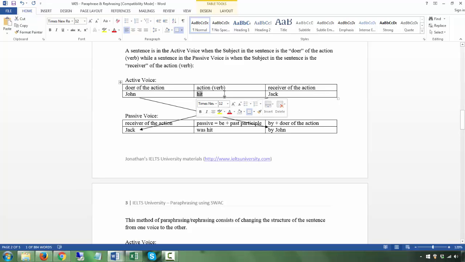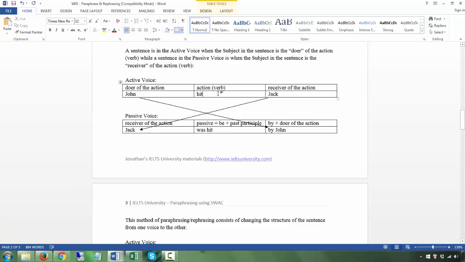So it requires an object. You've got to use a verb which is what you call transitive. Again, this is something that I will touch on a bit in writing class 2, where I talk about the top 12 mistakes. And a transitive verb is a verb that requires an object. Okay, so you have to use a transitive verb, then you have an object, then you put the object, the receiver of the action, in the subject position in the front, and then you have the passive.